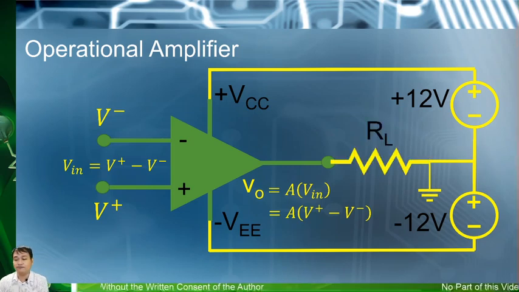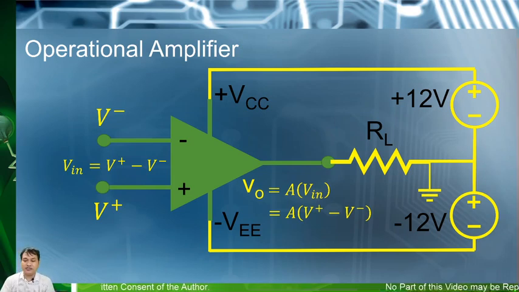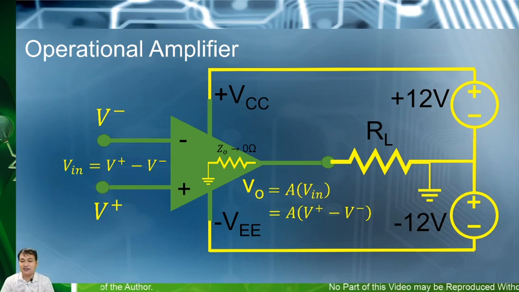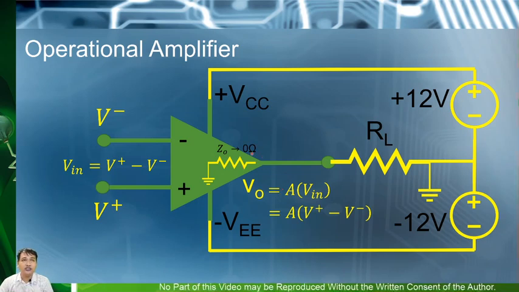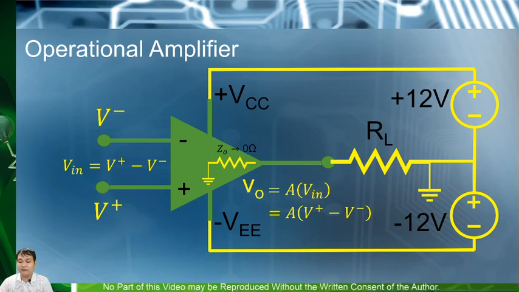Like this one. One characteristic of the op-amp is that the output impedance of the operational amplifier is very low, where it approaches 0. And what does this mean?